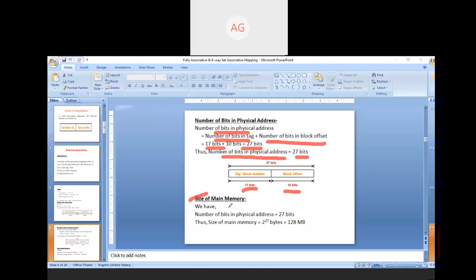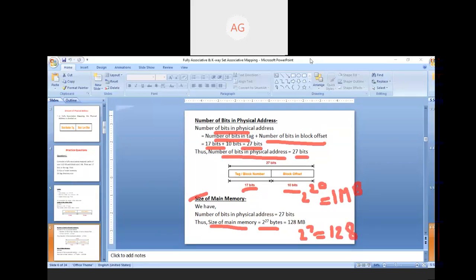The size of the main memory is 2 to the power 27 bytes. As we know, 2 to the power 20 is equivalent to 1 MB, so only 2 to the power 7 remains, and 2 to the power 7 is 128. So it means 128 MB.